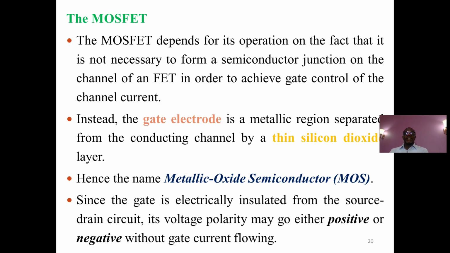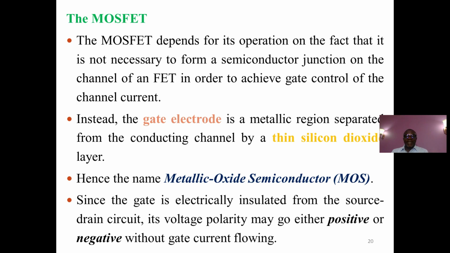But we say that in this one, we do not necessarily need to form this semiconductor junction to achieve the same thing. Instead, the gate electrode is a metallic region separated from the conducting channel by a thin silicon dioxide layer. Hence, the name metallic oxide semiconductor.